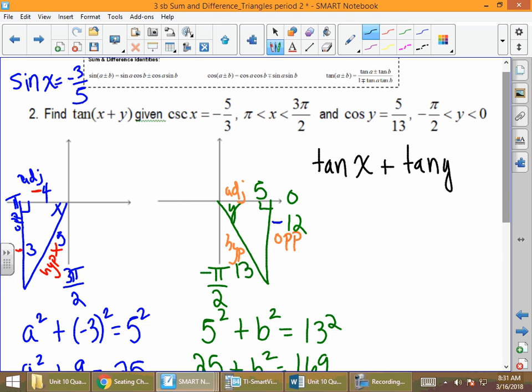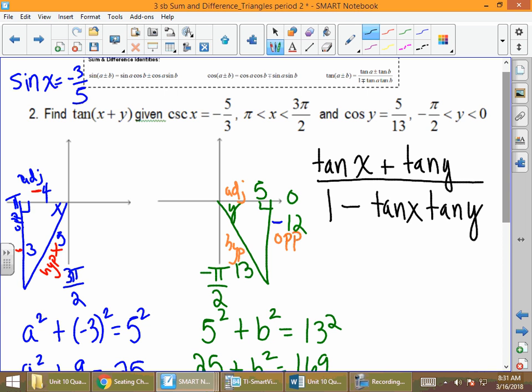So we have to go to the top sign, which in the numerator, the top of the fraction, is also a plus. And then we're going to divide by 1 minus, that's the value that's on top, and that's going to be tangent of x times tangent of y. So there's the formula that we need to use.